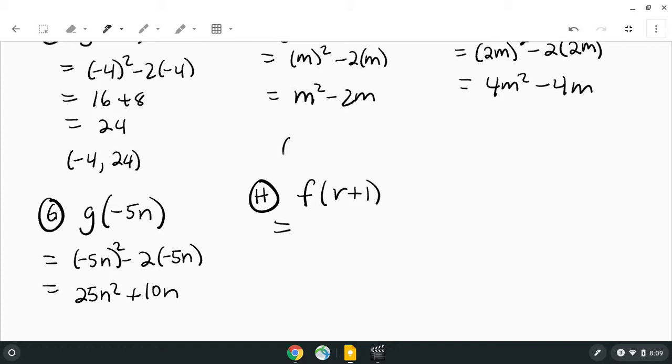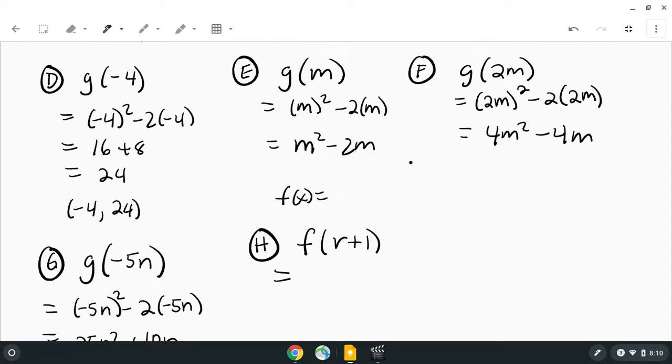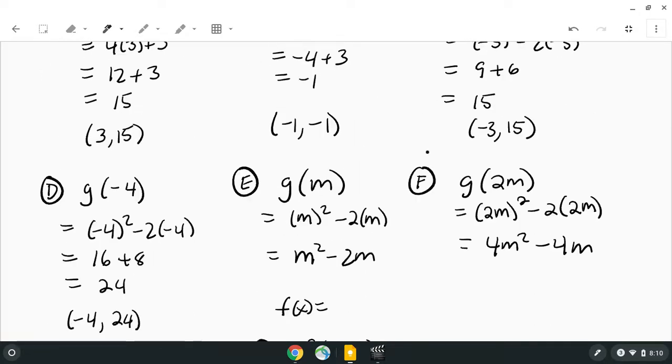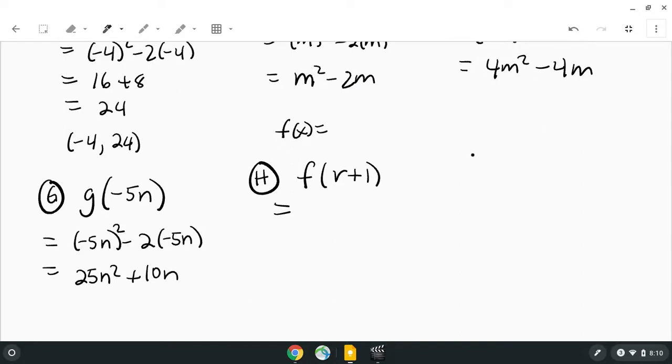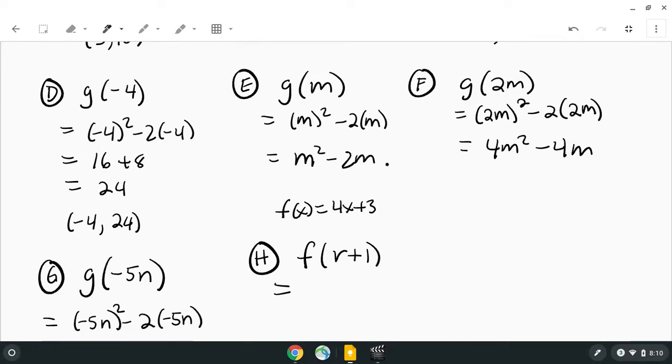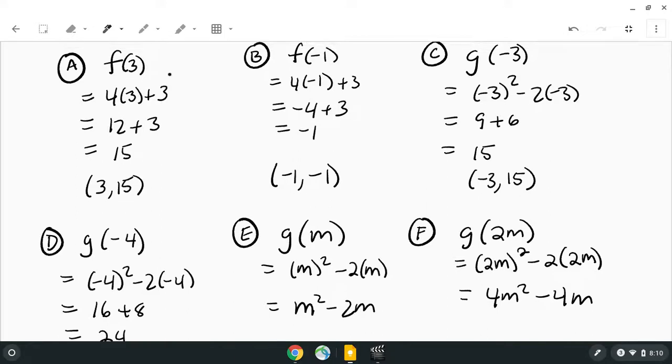Here, let me write the function up here so I don't have to keep scrolling back and forth: 4x plus 3. There's the function. So I have to replace the x with whatever is in here. We already saw here, I replaced the x with 3, and I replaced the x with negative 1.